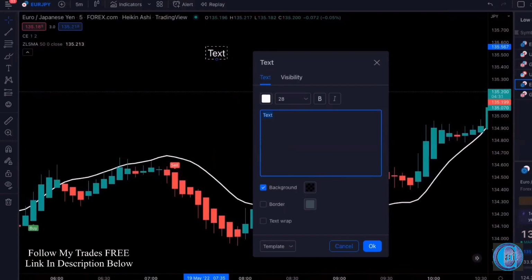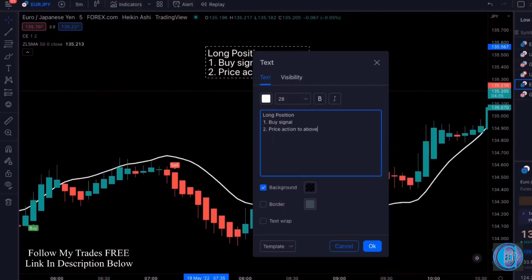When you're looking for a long position on here, the first thing you need to do is make sure that you've got the buy signal. Once you get the buy signal, you want the price action to be above the moving average, which in this case is the white line.